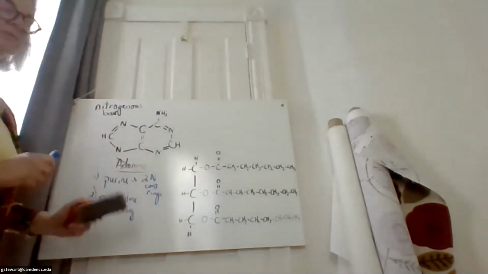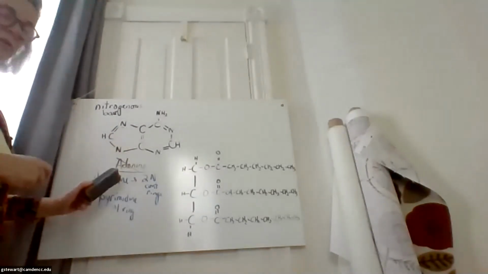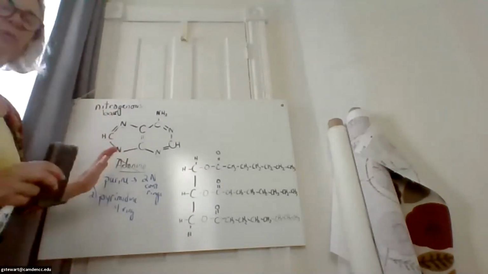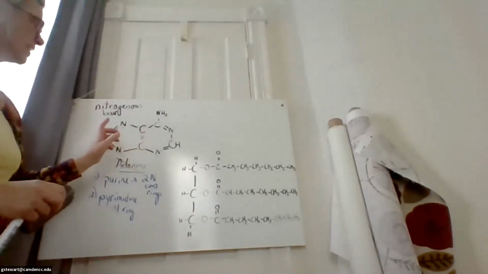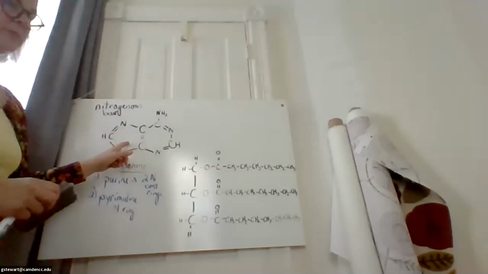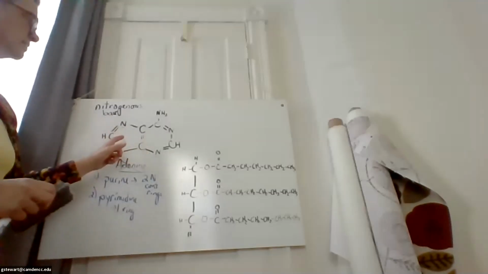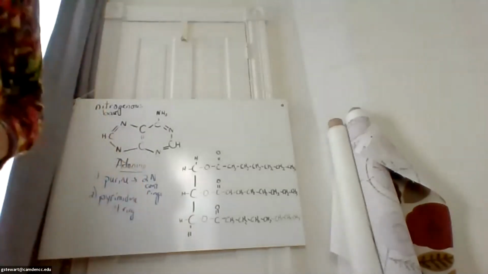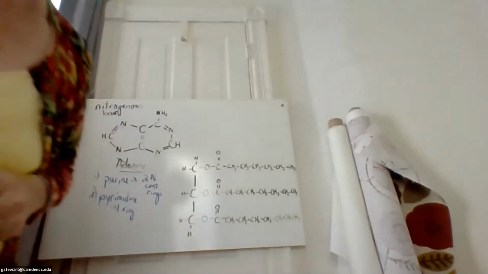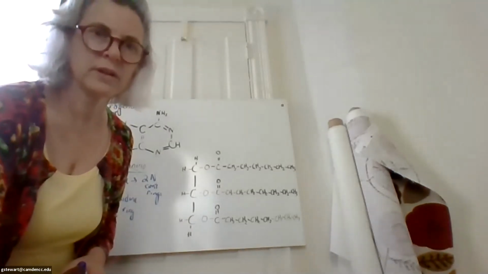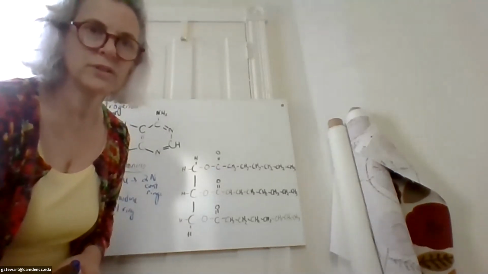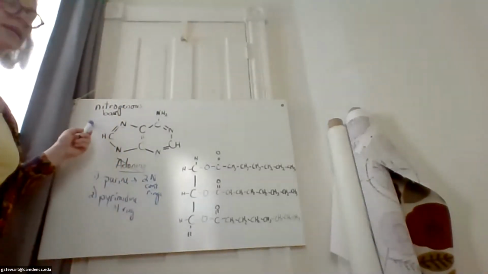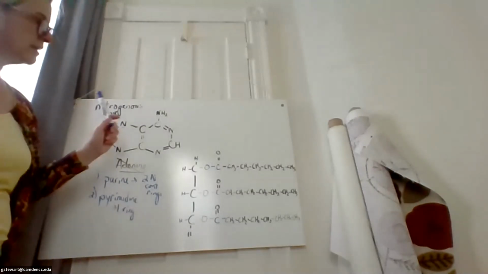You are not responsible to know that adenine is a purine and pyrimidines are thymine and cytosine. Not important. But you should be able to recognize and say, oh, that's a nitrogenous base and it has 2 rings, so it's a purine. Right? Functions would be for DNA and RNA, so it's all about genetic information, storage, and transfer.